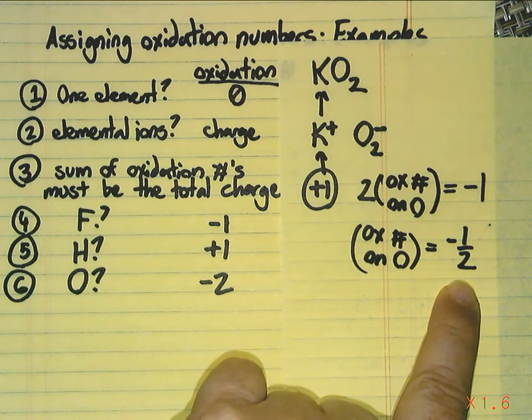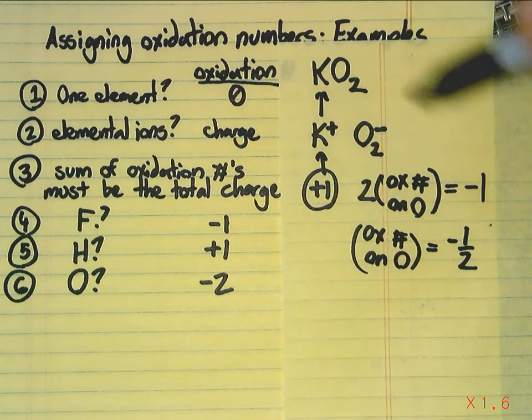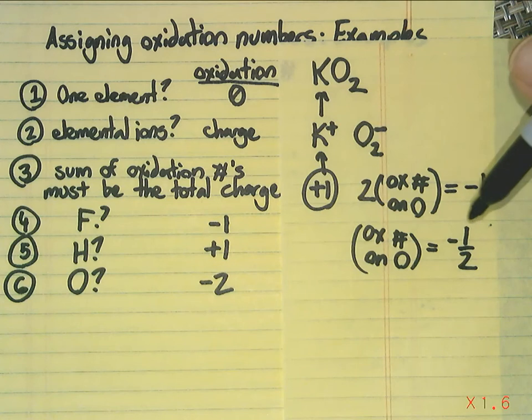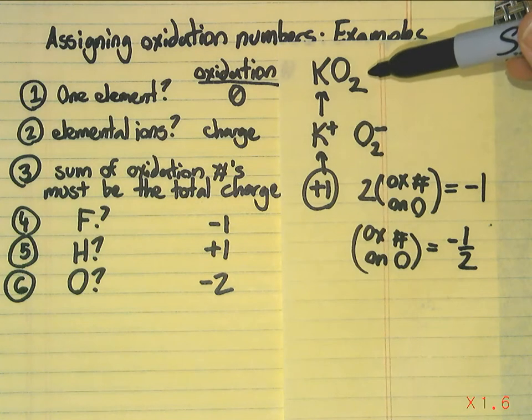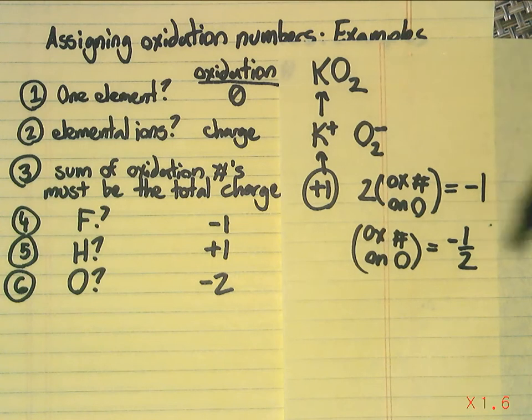This thing has got some very interesting chemical properties because it has such an unusual oxidation number on the oxygen. One of the things that this can do is it can react with carbon dioxide and regenerate oxygen. So people use it in scuba gear in rebreathers. And it works because of this unusual oxidation number that the oxygen has got.